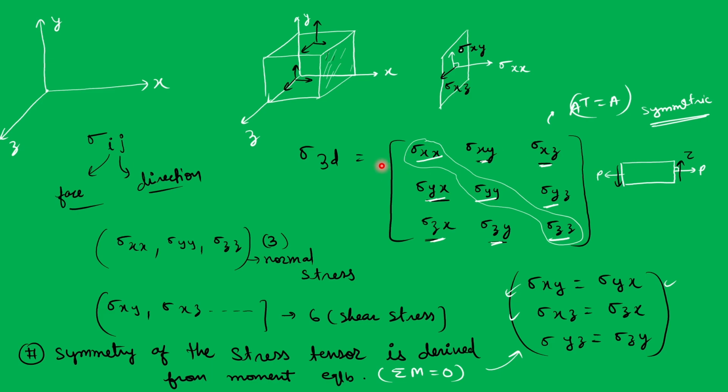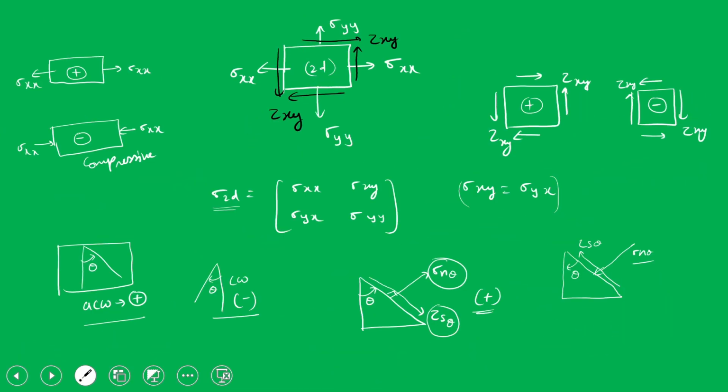And then we have seen that the stress tensor is symmetric in nature, that is A transpose is equal to A. We have seen these are the 6 shear stresses and these are the 3 normal stresses, and that the symmetry of the stress tensor is derived from the moment equilibrium, that is sigma xy is equal to sigma yx, sigma xz equals sigma zx, and sigma yz equals sigma zy.